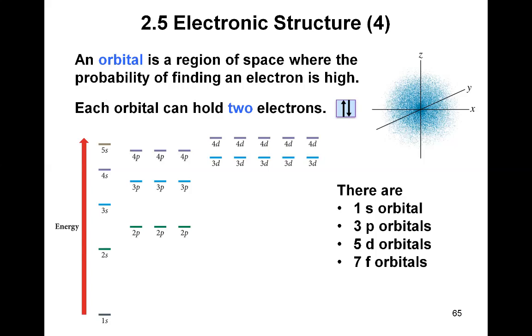So if we look at our energy diagram with the nucleus at the bottom of this energy scale, the first shell that comes around the nucleus contains only one subshell and one orbital, the 1s.